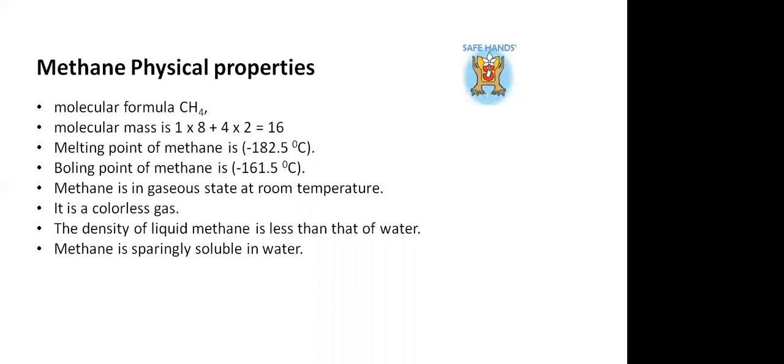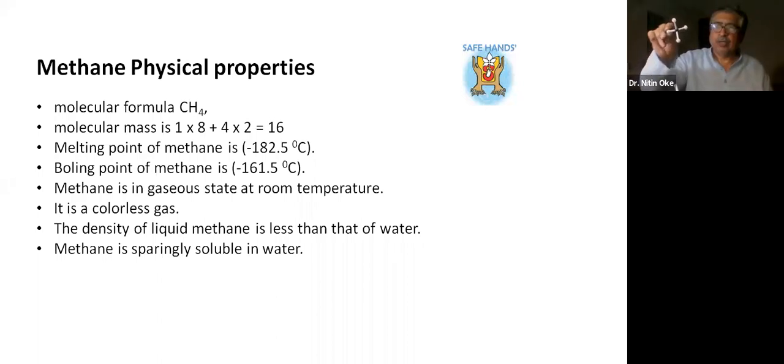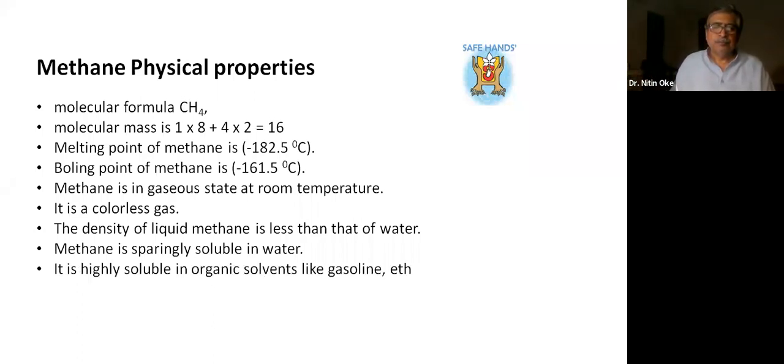So I hope that you remember this is how methane looks like. But it is highly soluble in organic solvents like gasoline, ether, alcohol. Alcohol is one of the very good organic solvents.